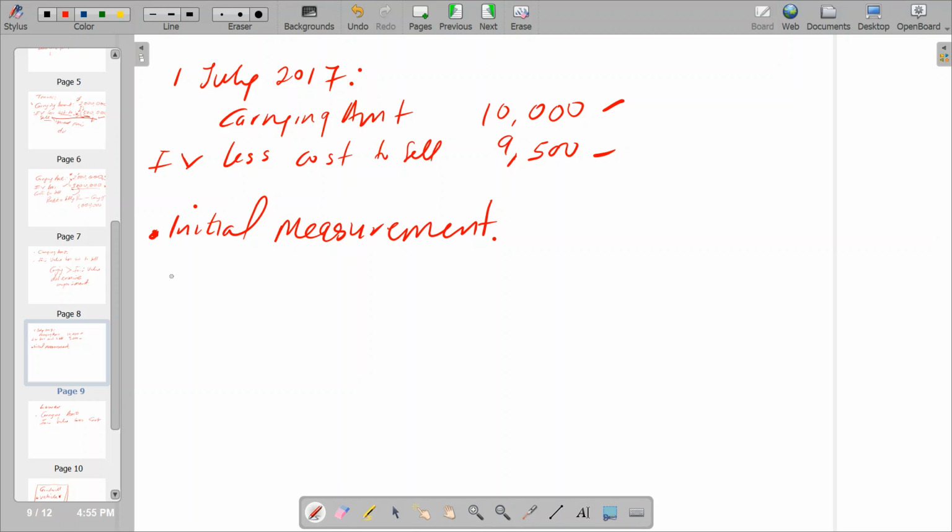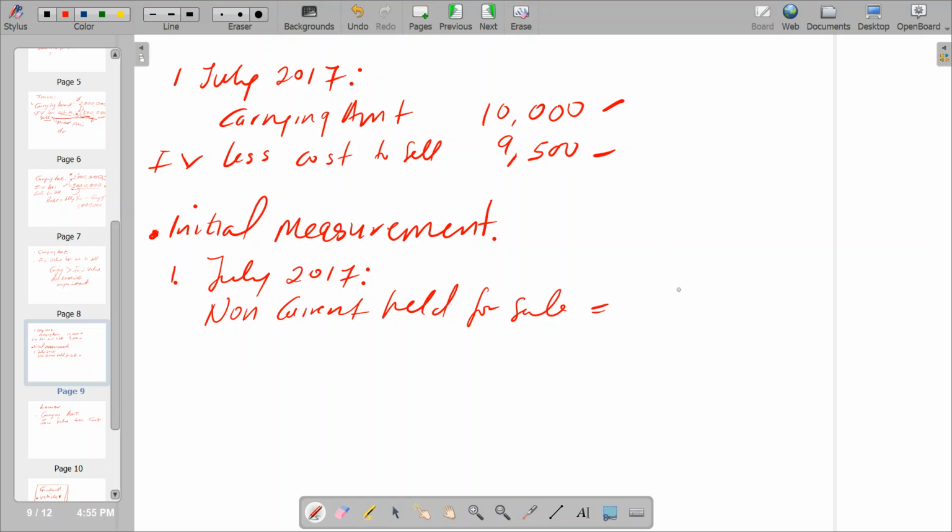Okay, very good. So on 1st July 2017, the amount of this non-current asset held for sale is going to be 9,500. All right.